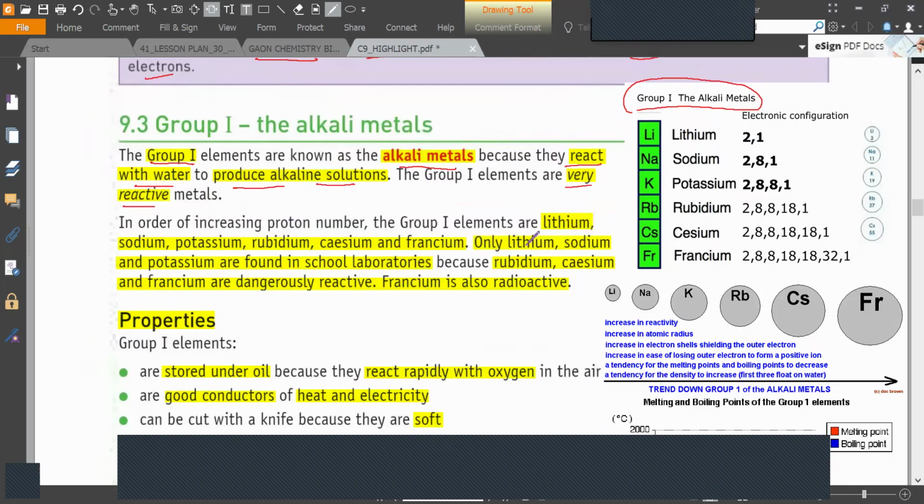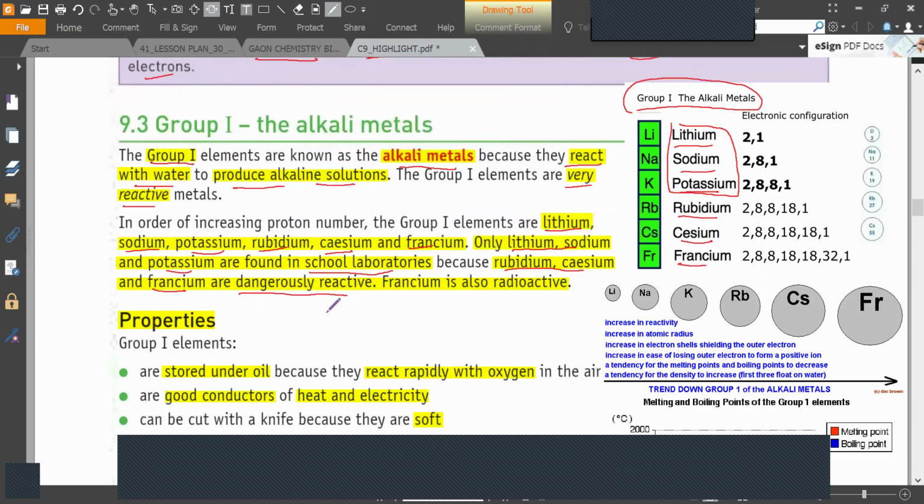Group 1 elements, the members, are lithium, sodium, potassium, rubidium, cesium, francium. Only lithium, sodium, and potassium are found in school laboratories, because rubidium, cesium, and francium are dangerously reactive.